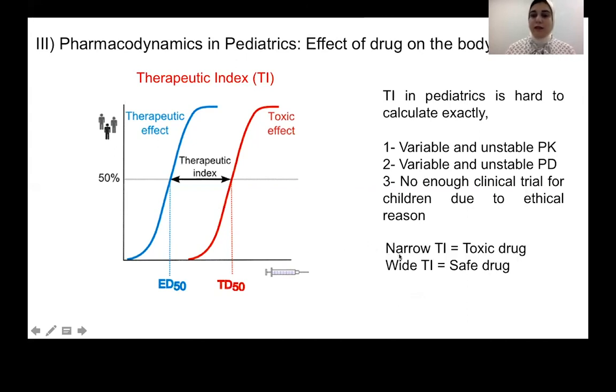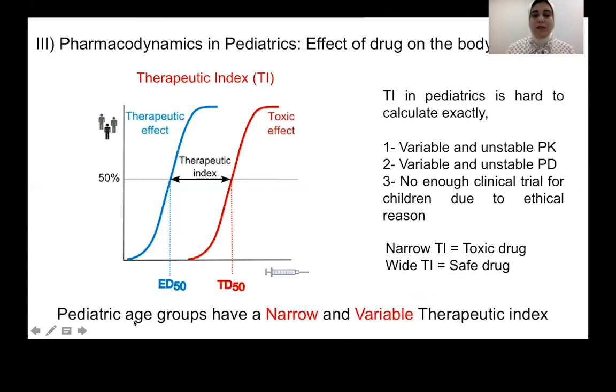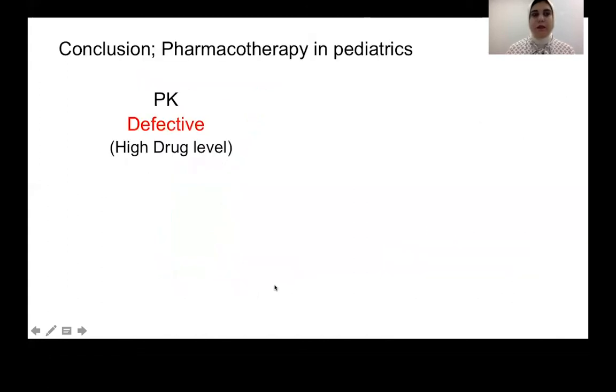So, as I said, a narrow therapeutic index means it's a toxic drug, while a wide therapeutic index means it's a safe drug. So, pediatric age groups have a narrow and variable therapeutic index. So, when prescribing the dose for them, we have to think about this curve.